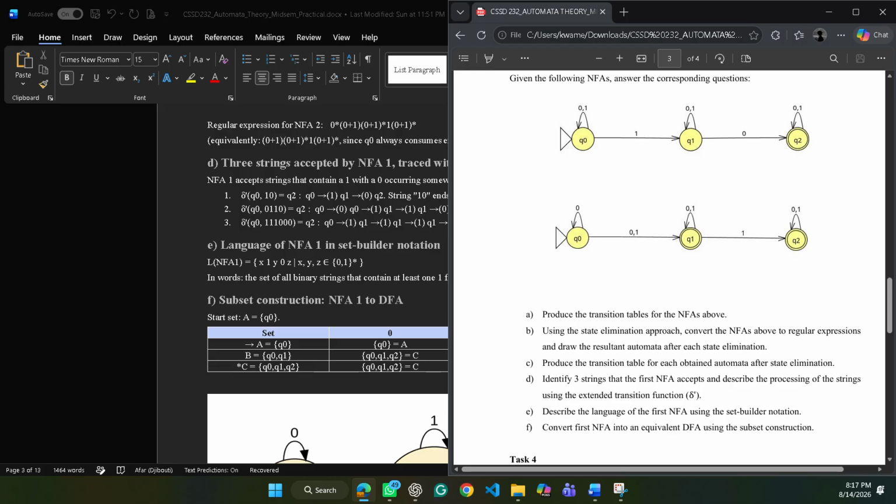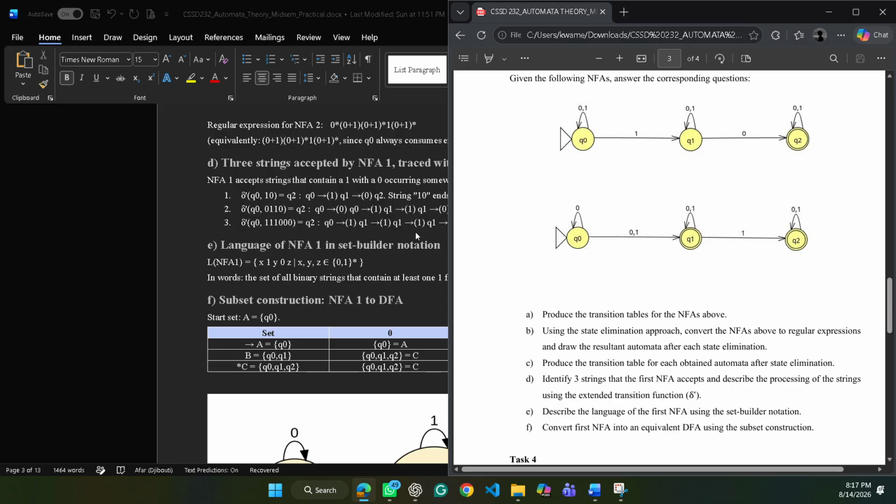The third string is 1, 1, 1, 0, 0, 0. Now let's look carefully. If you look at this transition, 1, 1, 1, 0, 0, 0 is also accepted by the machine. The machine processes the input by remaining in the appropriate state until it reaches Q2.